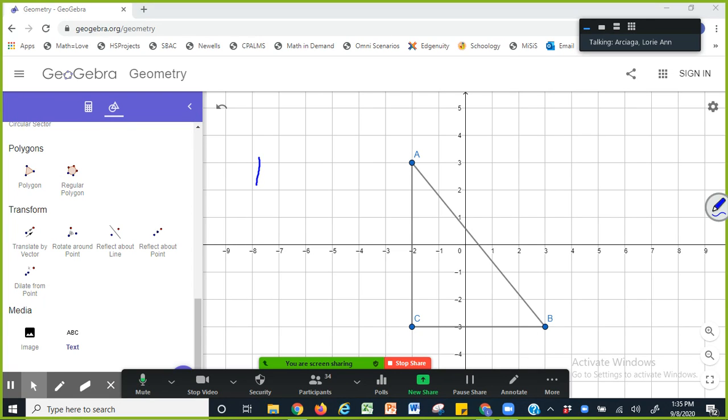The absolute value of the y coordinate here, 3, take away the y coordinate of this one, which is -3. Parentheses and then absolute value. So you get the absolute value of 3 plus 3, which is the absolute value of 6, which is equal to 6. Or just count the number of boxes.